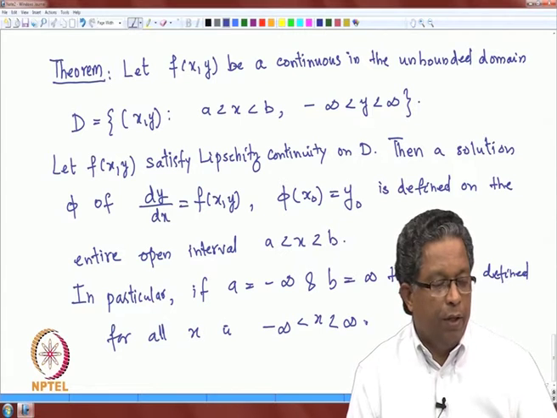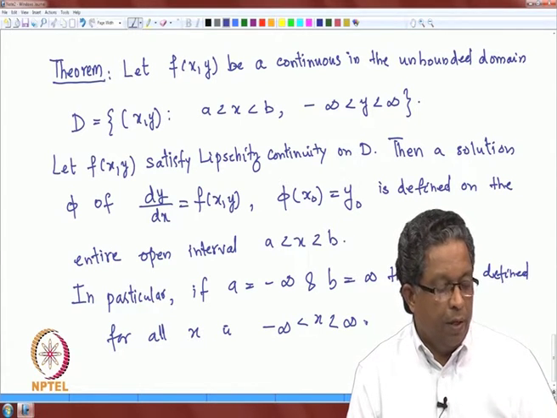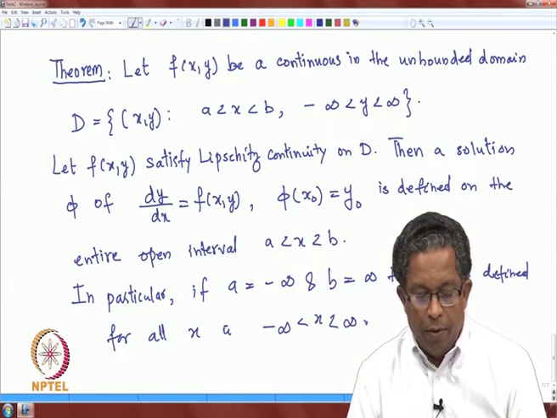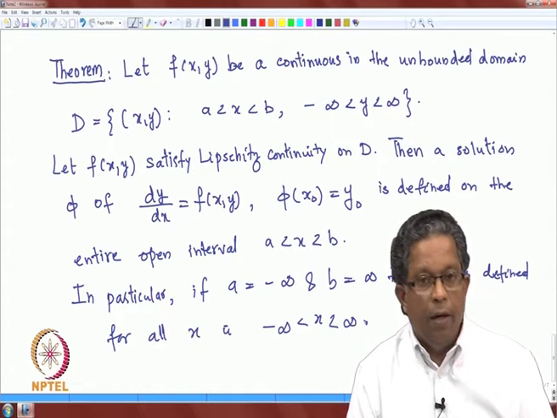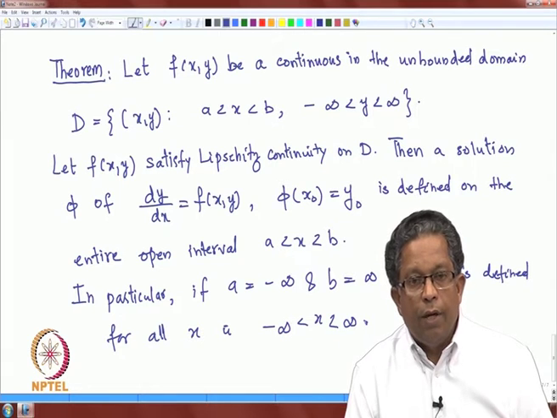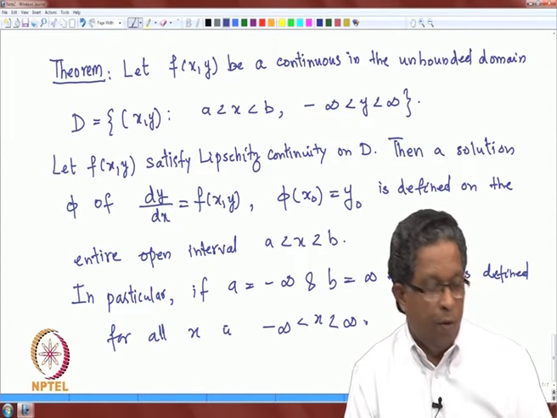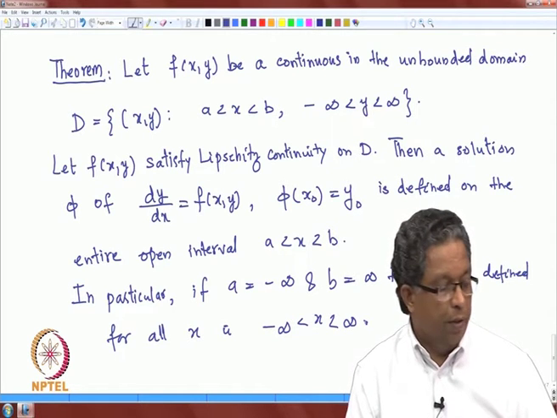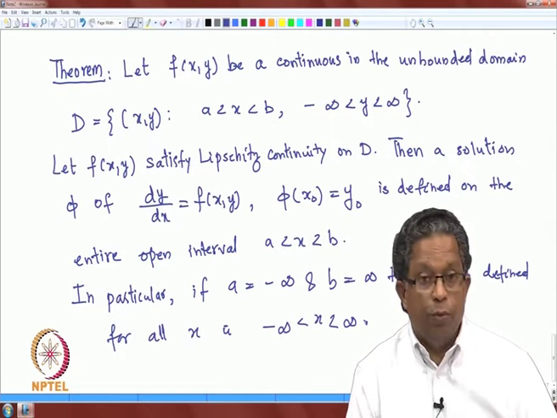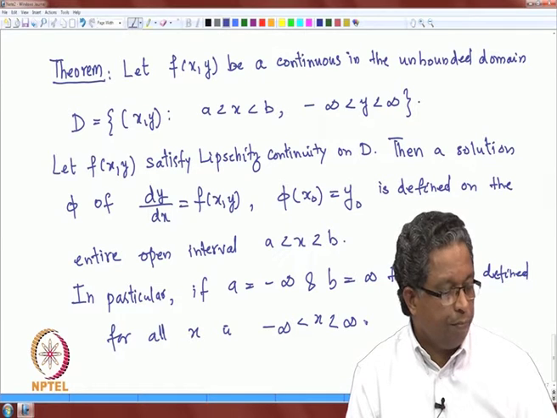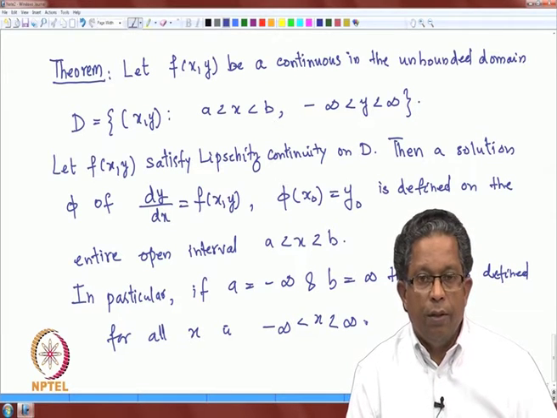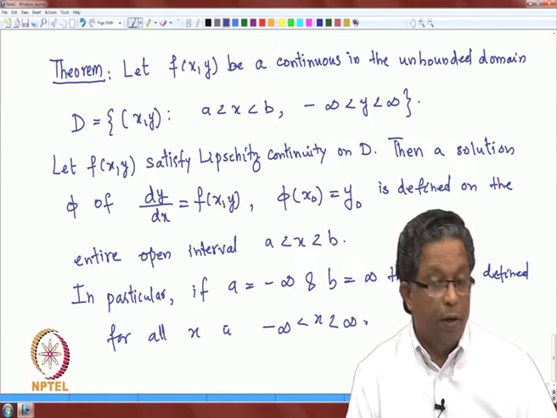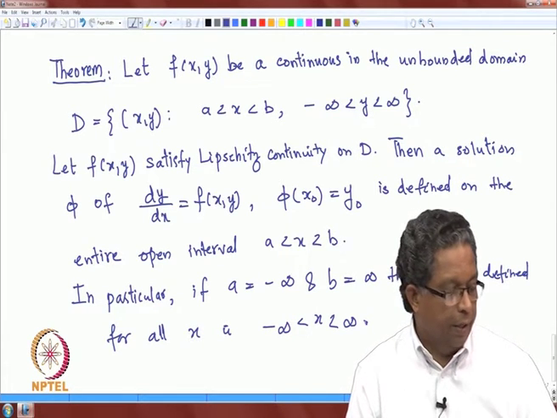So, if the function is globally Lipschitz continuous, then the solution can be extended further on an open interval on which the function is assumed to be continuous and Lipschitz. Otherwise, we still have a small interval, the modulus of x minus x 0 less than h.